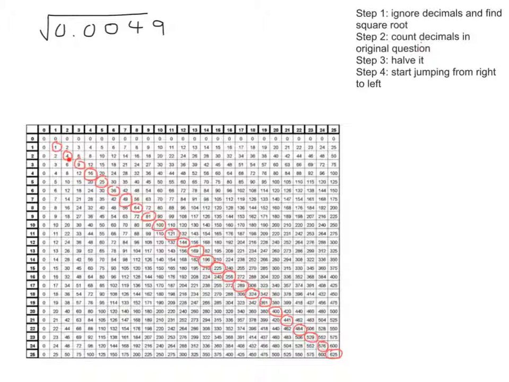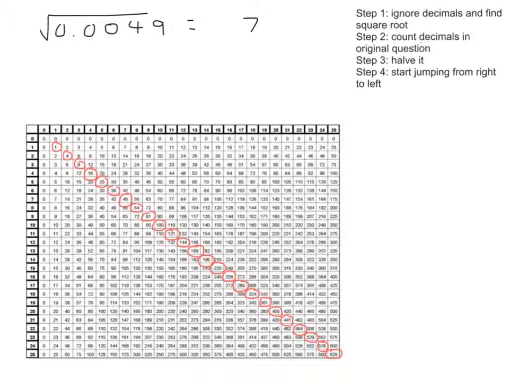Basically, these numbers are numbers where they were created by having one number multiplied by itself. So we look at the number 49 here, and we can see that 7 multiplied by 7 equals 49. So that one number that was multiplied by itself was the number 7.